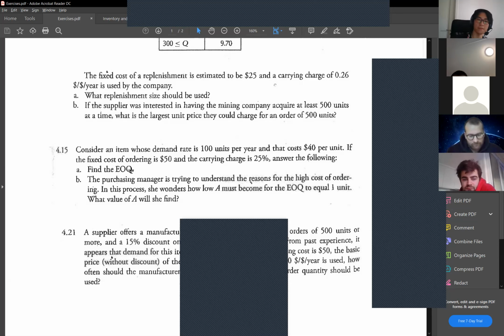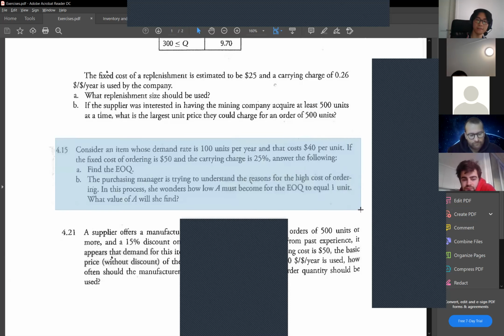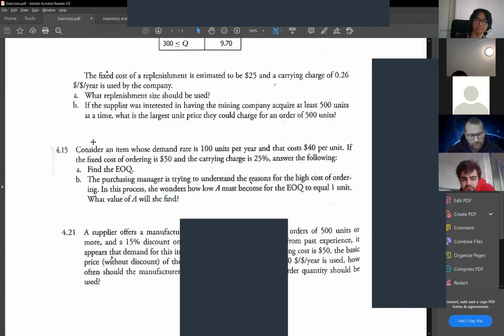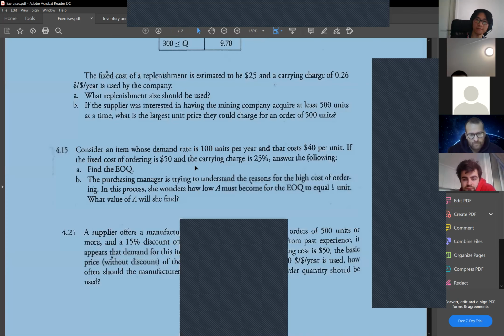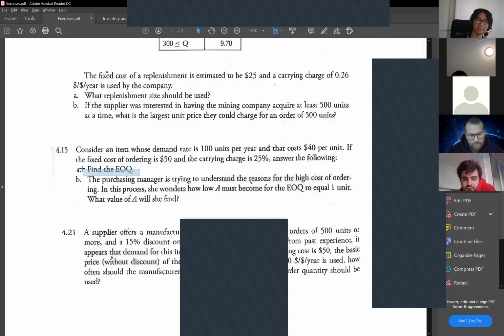But are there any questions in this part? I'm hoping that there should be no problems now. It's just applying the formula and changing the formula a bit, right?